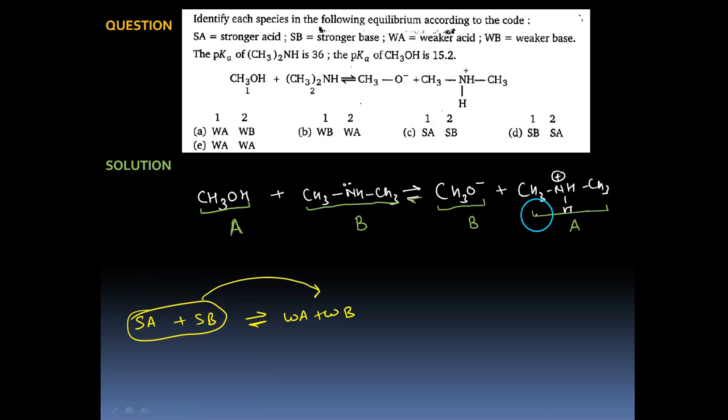Now what we can do is to judge whether the reaction is going to go in the forward direction or in the backward direction. We just have to check which side is having the combination of a stronger base and stronger acid.